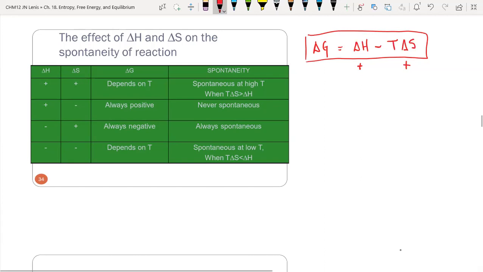You remember the rules of operating signs? Like the friend of my friend is my friend, right? Plus plus equals plus, when you are doing addition or subtraction of signs. What about the friend of my enemy? Plus minus.